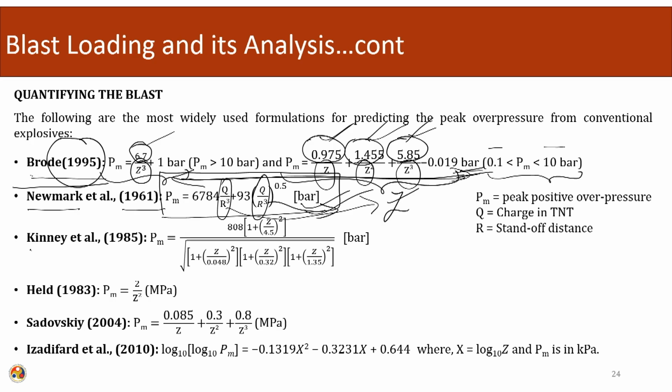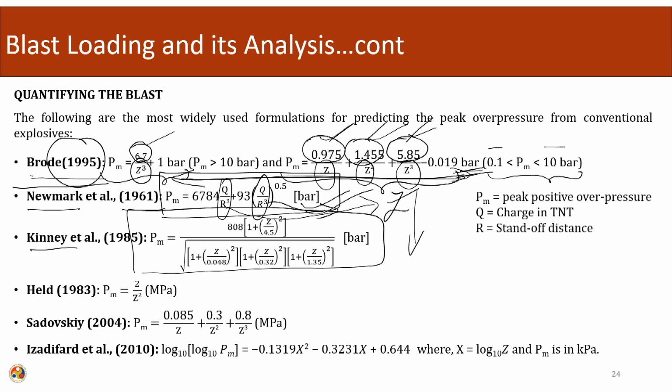Similarly, Kinney in 1985 proposed the following equations. What is interesting here is that the complexity of the equations is increasing. As we march forward with respect to time, the complexity of the equations increases.